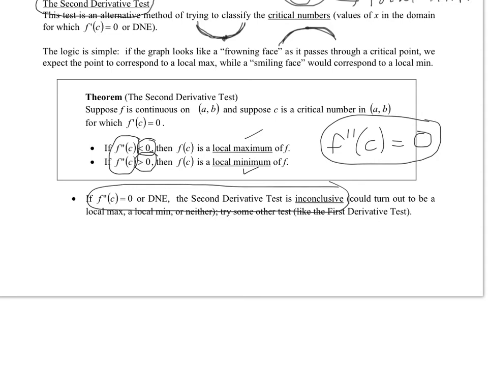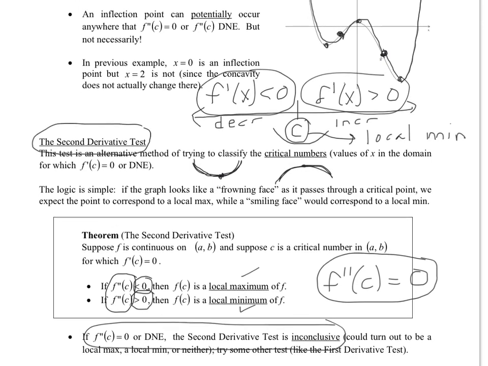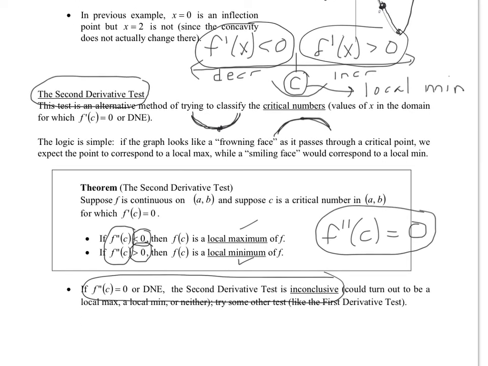You need to try to answer that question by other means, like perhaps the first derivative test, which is capable of concluding when you have a plateau. Namely, if the first derivative is negative both to the left and to the right of the critical number, then you've got a plateau. Or if it's positive both to the left and to the right. So the second derivative test, even though it's easy and quick to use usually, is unfortunately inconclusive some of the times.